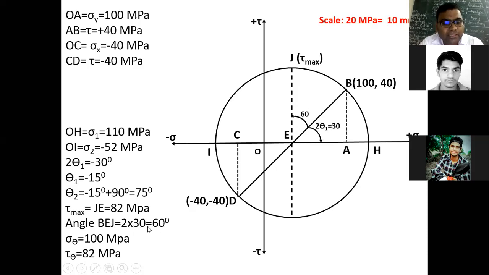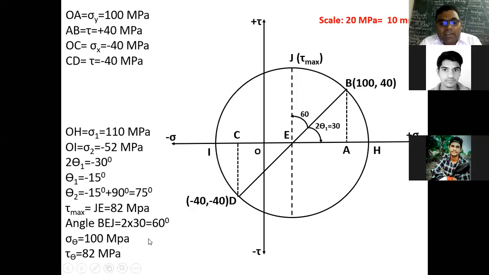So this is the maximum angle, 60 degree, it means 30 degree. BEJ, okay, this angle, this is 60, so it must be 30 here. Okay, so we have to do the correction here. I will do the correction here. This is not right, it must be 30 degree.